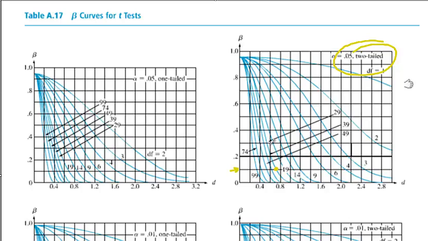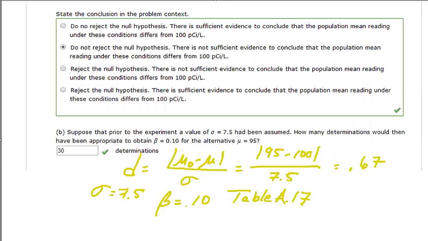This blue line happens to be this one right here, which is the 29 degrees of freedom. And so then going back to my initial problem, with that 29 degrees of freedom, I would choose the n equal 30.